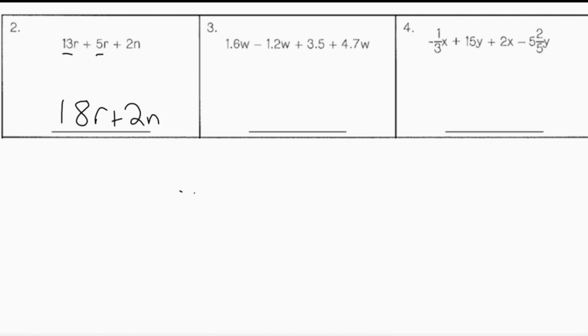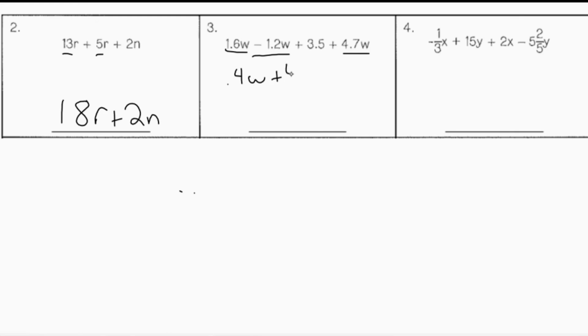Number 3, 1.6w minus 1.2w plus 3.5 plus 4.7w. So I want to combine my 1.6w, my negative 1.2w, and my 4.7w. So 1.6 minus 1.2 will be 0.4w.